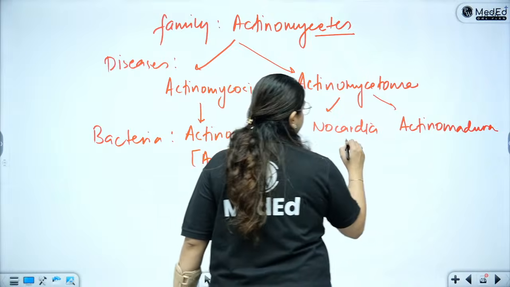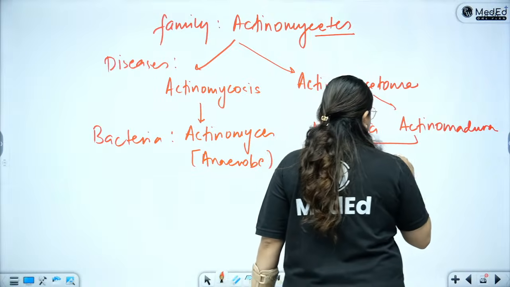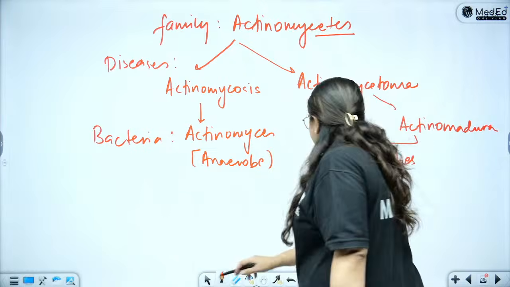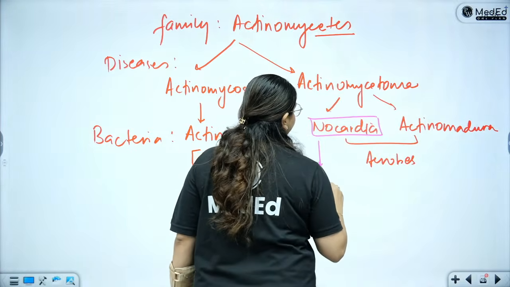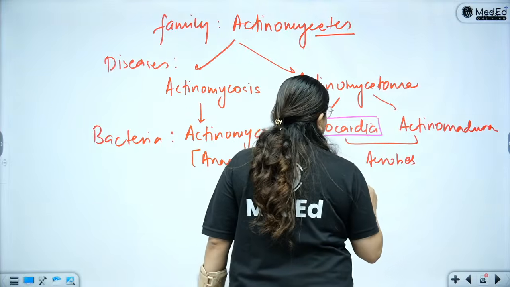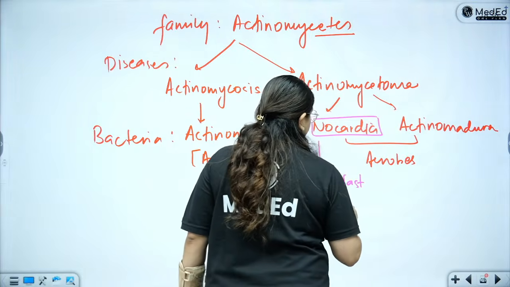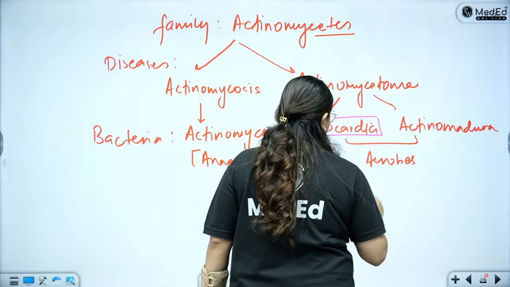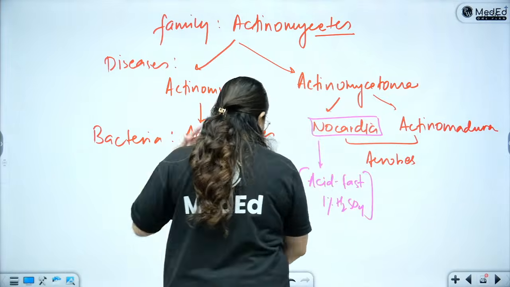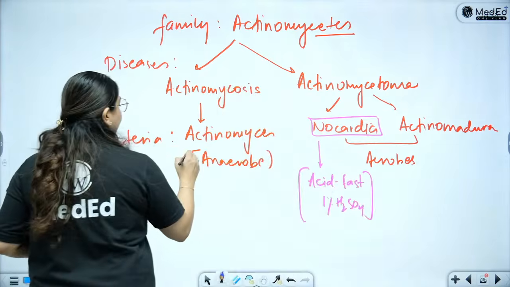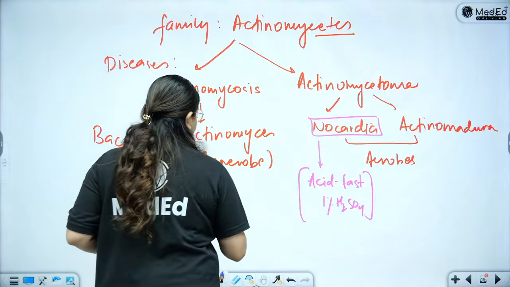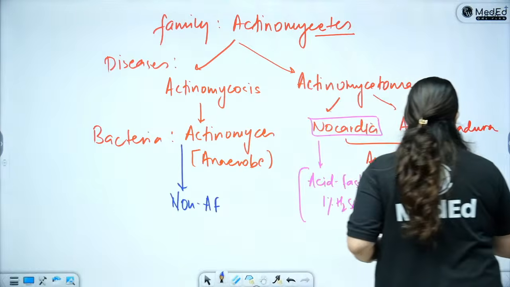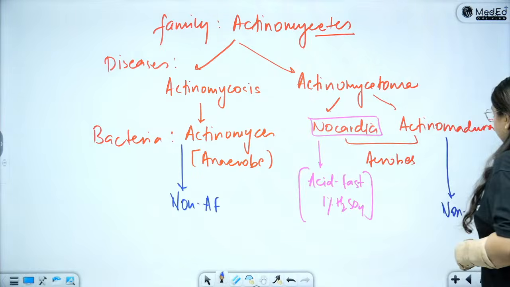This guy is an anaerobe. These 2 are aerobes. Out of these, only this guy is acid fast with the 1% H2SO4, you remember? With the 1% H2SO4. Whereas the other two are non-acid fast. So this is non-acid fast and this is also non-acid fast.